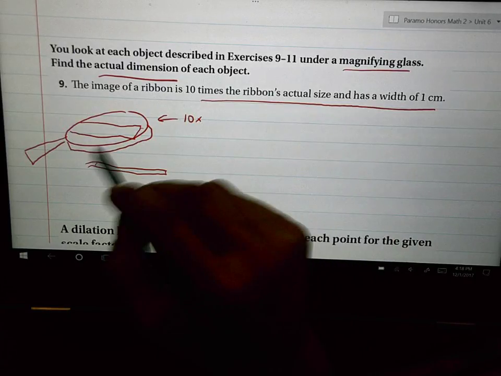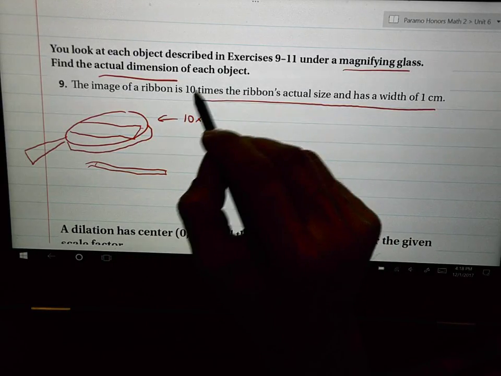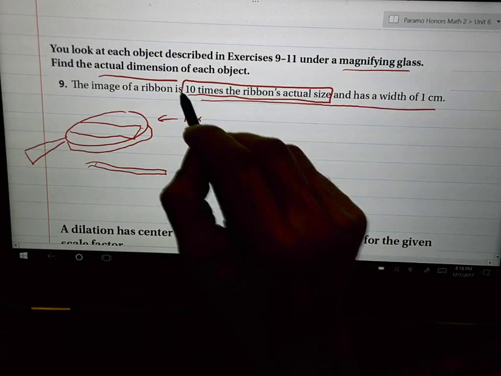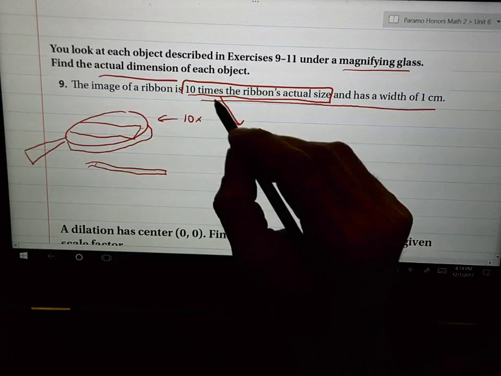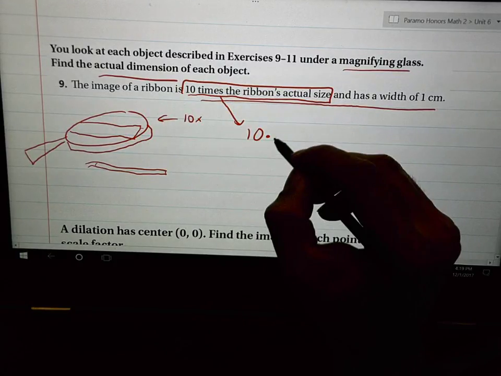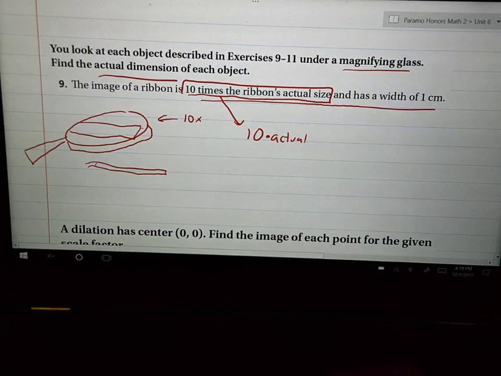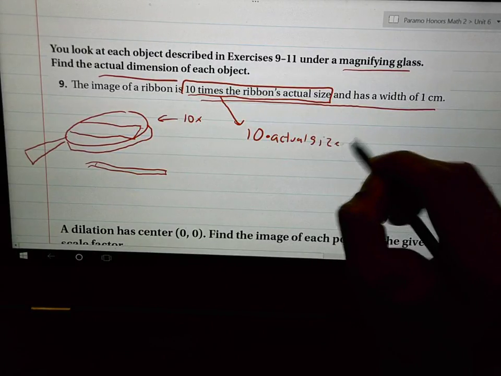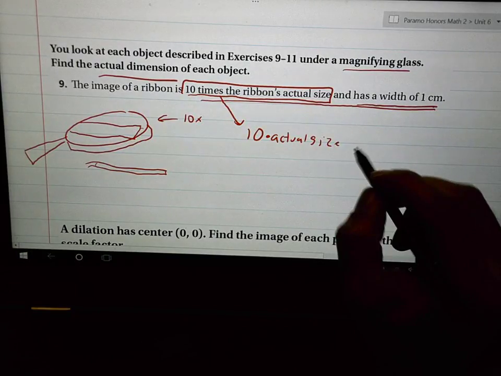I have a picture there just to kind of demonstrate what we're doing. 10 times the ribbon's actual size. I'm just going to take that and write 10 times the ribbon's actual size. 10 times actual size. Has a width of 1 centimeter.